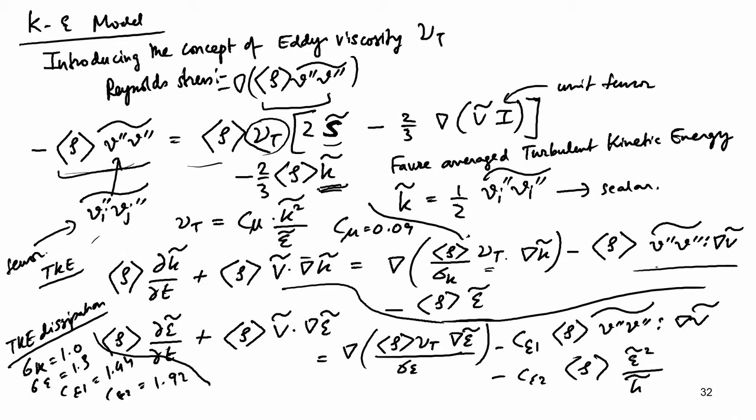Now, the eddy viscosity introduced has of course this k squared tilde divided by epsilon, which can be defined in this form, and then you need to solve for k and epsilon, which are unclosed. That leads to the introduction of the k-epsilon model, where we have one equation for the evolution of turbulent kinetic energy and one equation for the evolution of the turbulent kinetic energy dissipation rate.